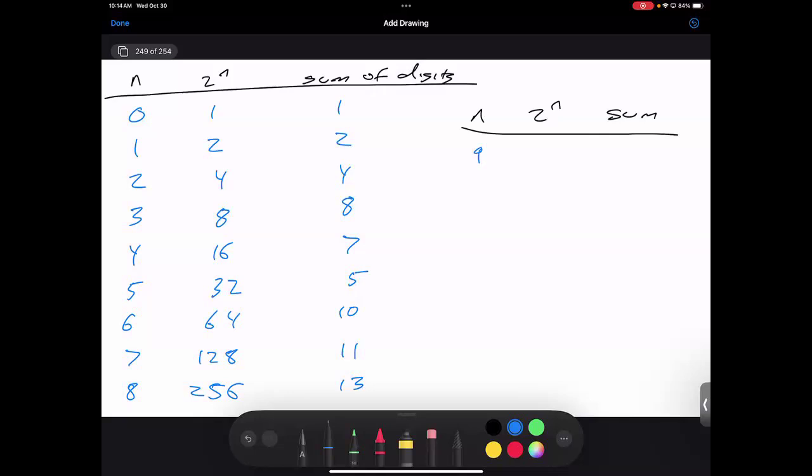So we have 9, 10, 11, 12, 13. 9 would be 512, digit sum 8. 10 is 1024, 7. 11 is 2048, 14. 12 is 4096, 19. 13 is 8192, 20.